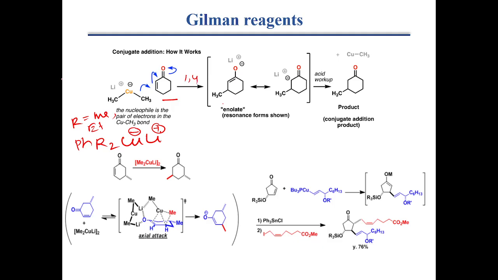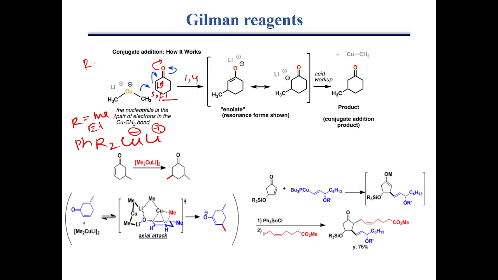This is because of the soft hard interaction. In any alpha beta unsaturated ketone that can undergo resonance, this is the soft position as it is undergoing resonance. The electron cloud is moving through the bond and the carbonyl center. That's why it is soft.